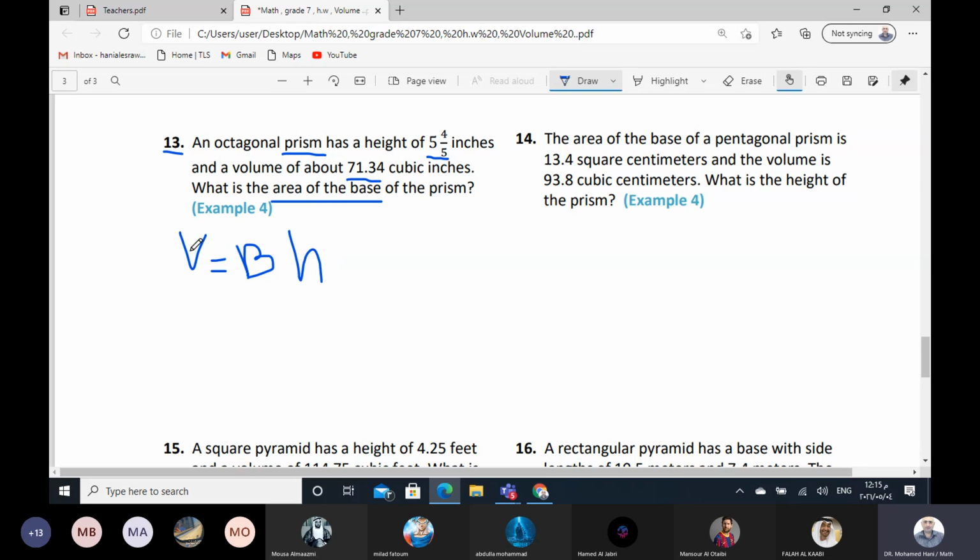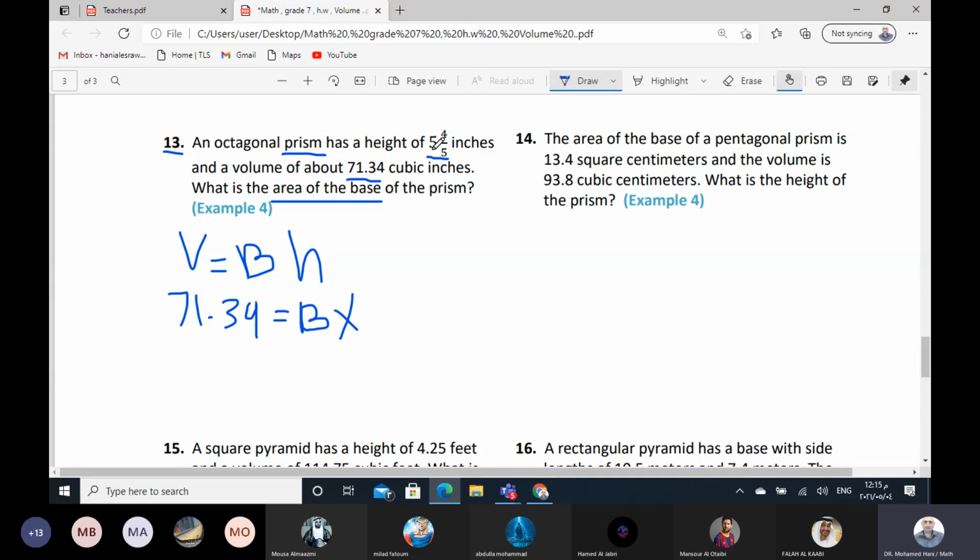Substitution here, we have the volume will be 71.34. And here missing value, this is the variable. And we know the height will be 5 and 4 over 5.